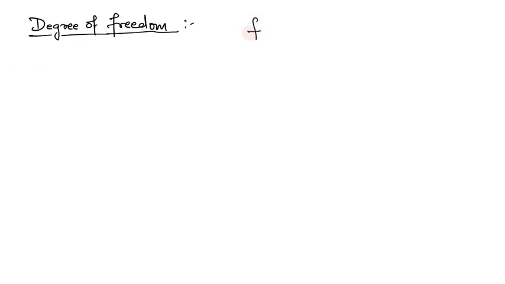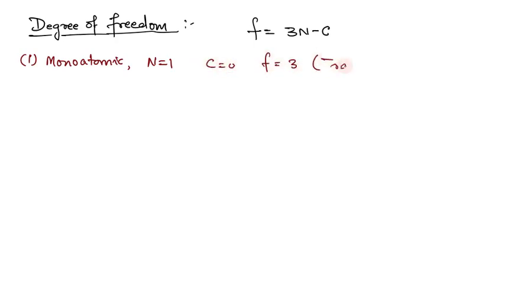Generally the degree of freedom F is 3n minus C, where n is the total number of atoms and C is the number of constraints. For a monoatomic molecule, n is 1 and there is no constraint, so C is 0. So the degree of freedom is 3, which is the translational degree of freedom.